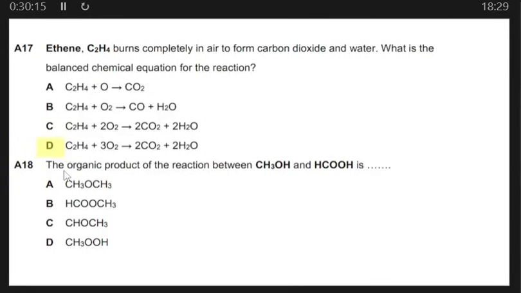Then A18 says, the organic product of the reaction between, this one should be an alcohol, methanol, plus this one should be a carboxylic acid, methanoic acid. So these two, when they react, an alcohol and an acid, they form an ester. Yeah, they form an ester whose formula is B.